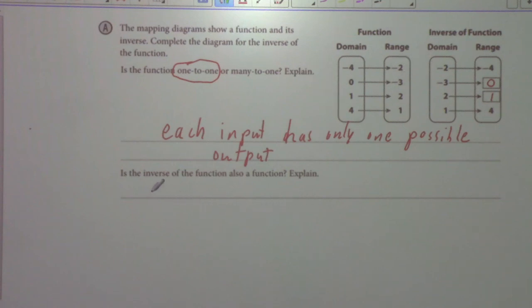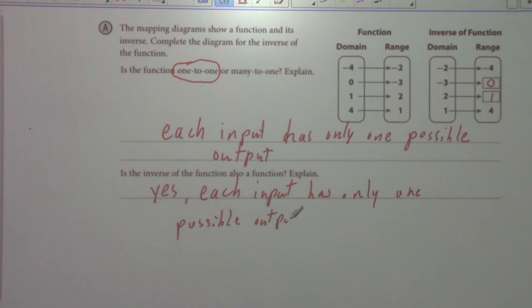Is this inverse also a function? Yes, it is, because each input has only one possible output.